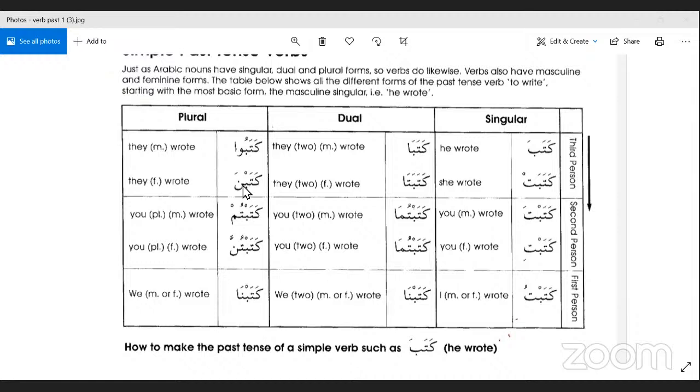Then from the sixth form, we have katabna. Now in katabna, the three-letter verb, the last letter, which is the ba, is given a sukoon, and we add a noon with a fatha at the end, which means they all wrote, females. From this form onwards, the ba remains silent, and we add the suffixes at the end of the verb, which are ta, tuma, tum.